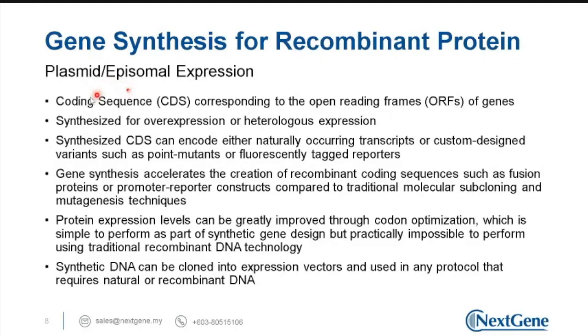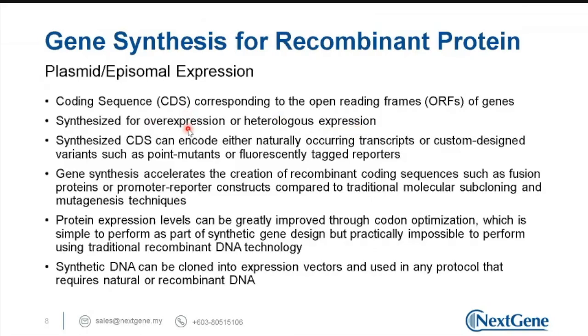Inside the plasmid, we will have the gene synthesized coding sequence that we refer to as CDS. Also corresponding to the open reading frame of a gene, basically the amino acid coding sequence. So inside this plasmid with the CDS, we can actually go for overexpression or heterologous expression.